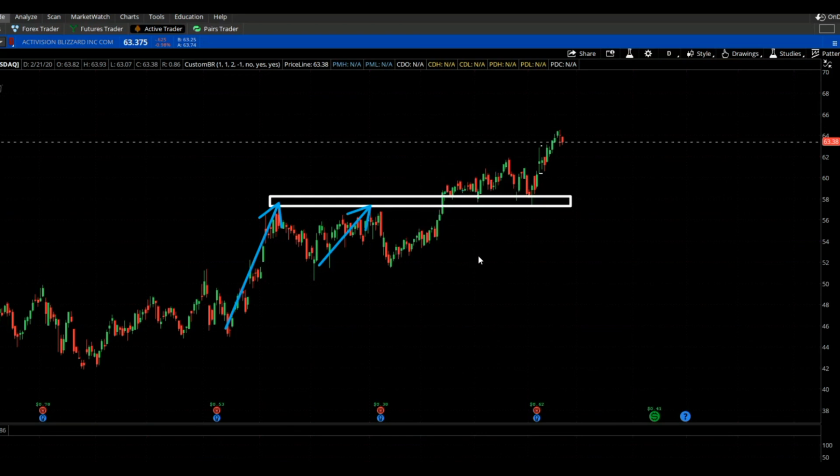We have multiple retests of structure. 1, 2, 3, and then a couple small ones right here. On the 3rd attempt, people said, okay, this area looks like it's holding. This is a good area to buy. Now we look for a potential breakout pattern or a pin bar, which we have right here. So you could have bought at the high of this pin bar.